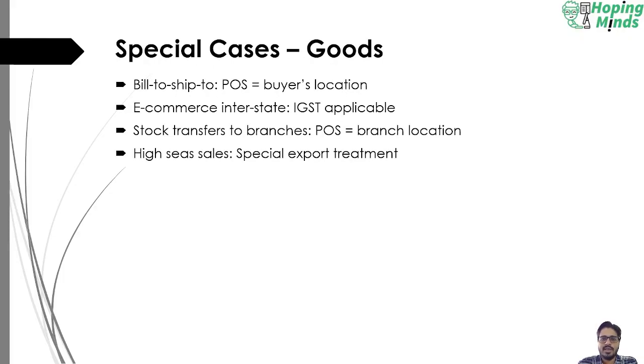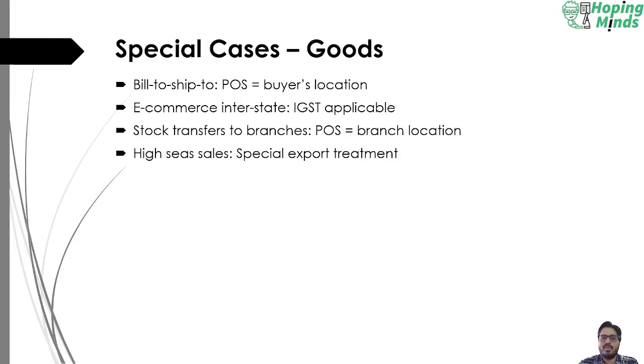So let us now see some special cases in case of goods. In case of bill-to-ship-to transactions, the place of supply is the buyer's location, that is, where goods are shipped to a third party on instruction of the buyer, the place of supply is the location of the buyer and not the third party. Then we have e-commerce operators.